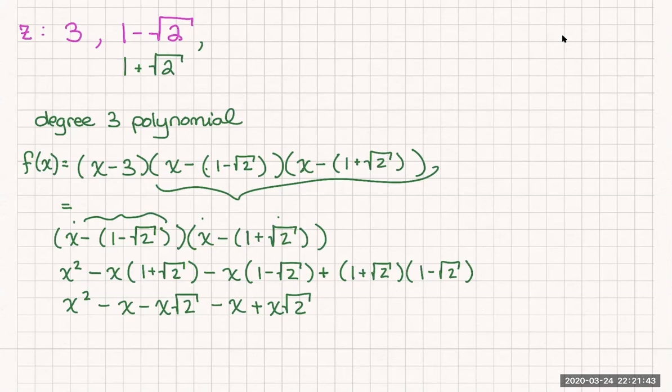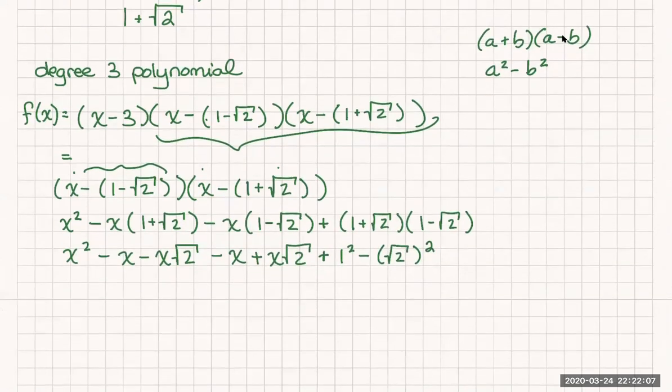So when I multiply a number by its conjugate, remember, this is a difference of squares. So when you multiply a binomial by its conjugate, it's a difference of squares. So it's the first term squared minus the second term, which in this case is root 2 squared.